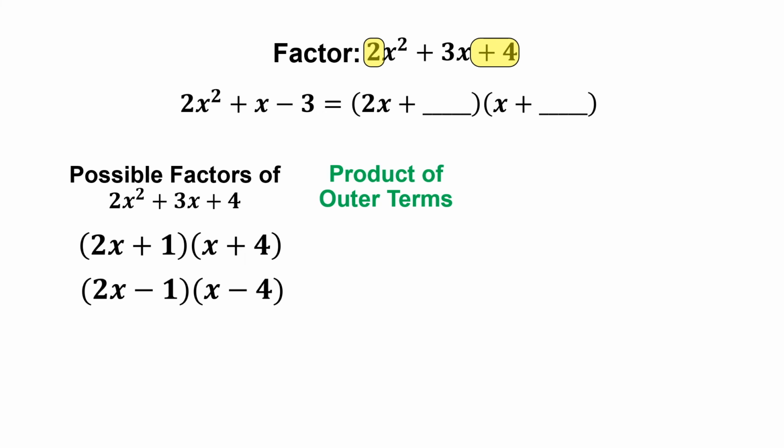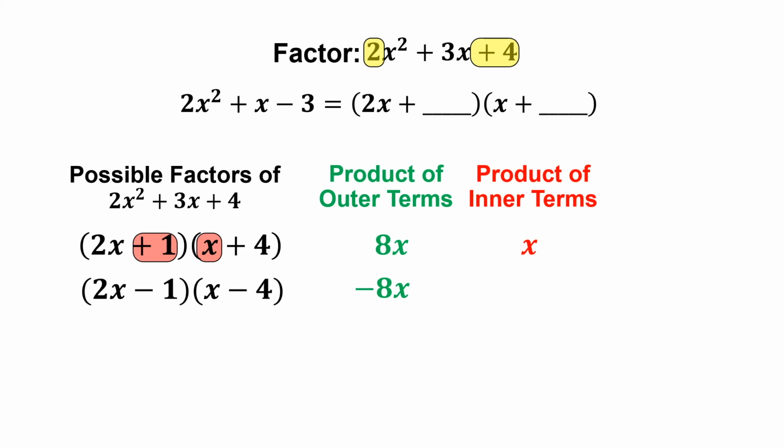Then compute for the product of the outer terms, and the product of the inner terms. Then let us get the sum of the products of the outer and the inner terms.